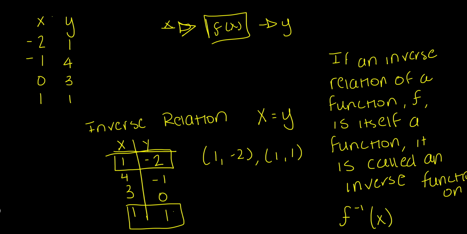When you see f^-1(x), we're asking if this is going to be an inverse function. An inverse relation does not always translate into an inverse function. An inverse function would be something like if I had x: -2, -1, 0, 1, 2 and y: 2, 3, 5, 7, and 0.